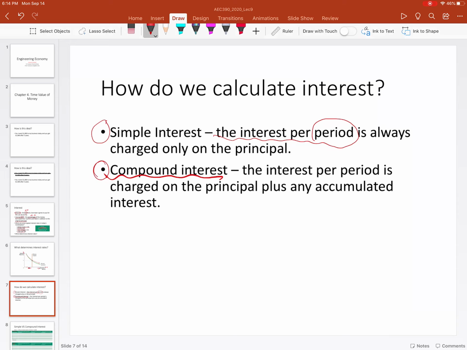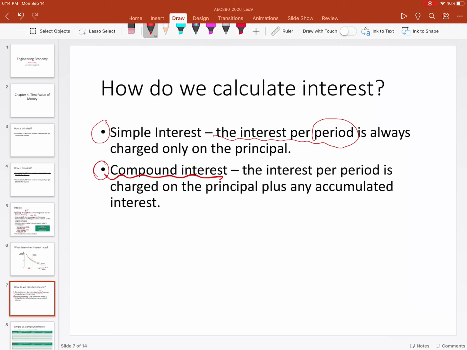It's based on the initial amount plus all the previous interest. And compound interest is very common. It's used almost everywhere because it will give you higher interest every interest period.